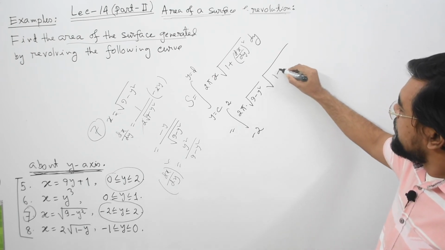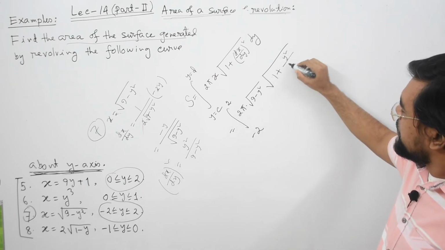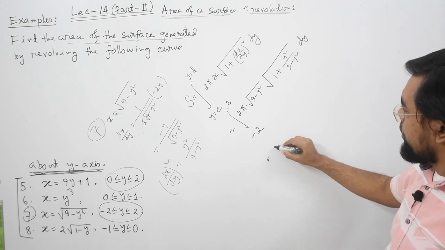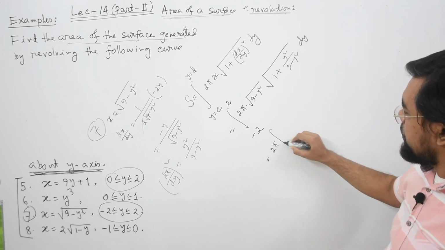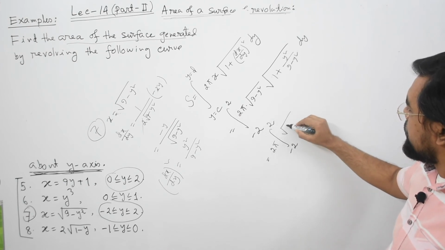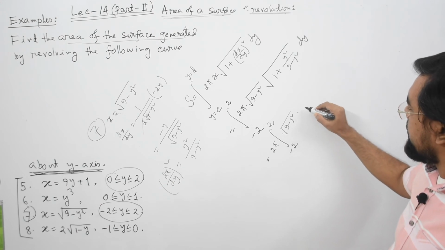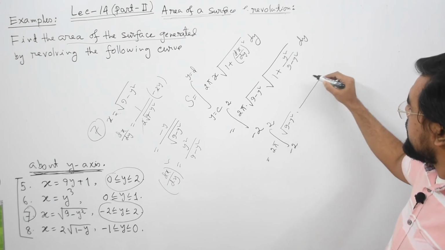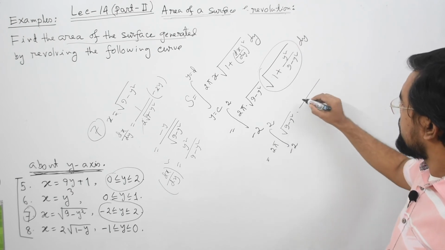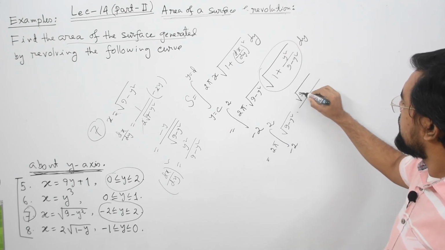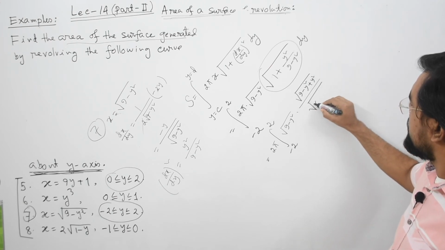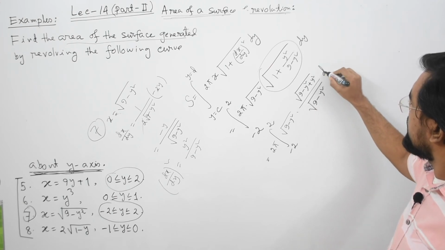So it will be 1 plus y squared by 9 minus y squared dy, which is equal to 2π integral from minus 2 to 2 of root 9 minus y squared, and here if we simplify it, the numerator will be 9 minus y squared plus y squared, and the denominator will be 9 minus y squared.